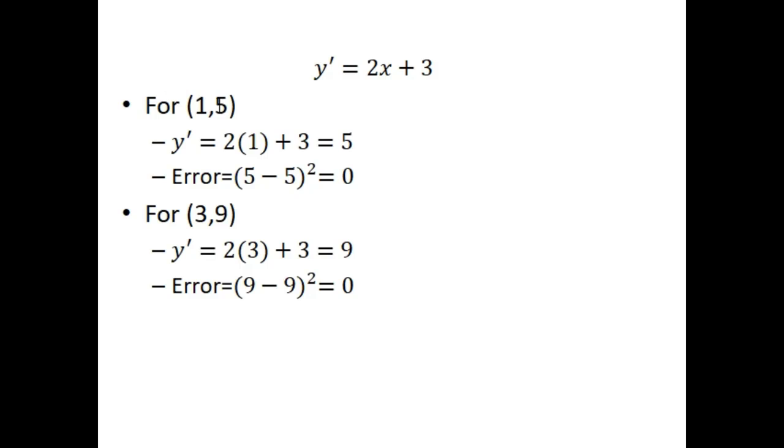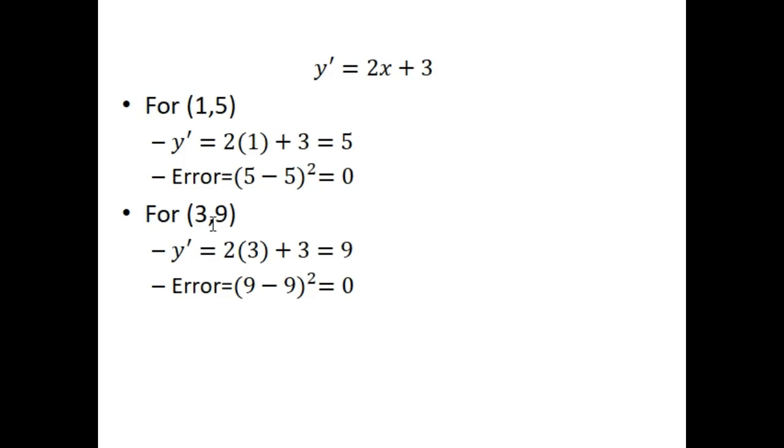For this data point, I will put the value of 1 over here. So y prime is equal to 5. So this is our interesting example: the error will become equal to 0.